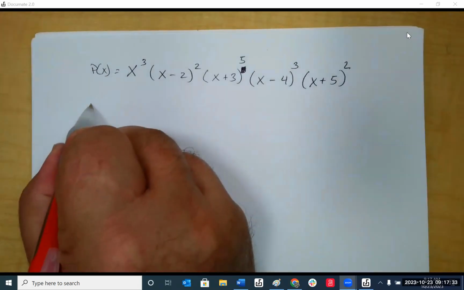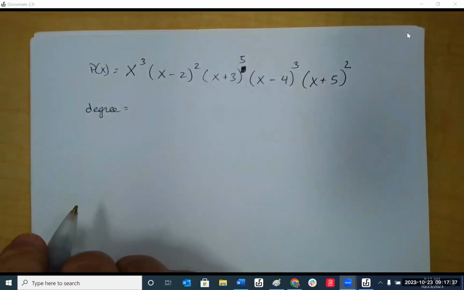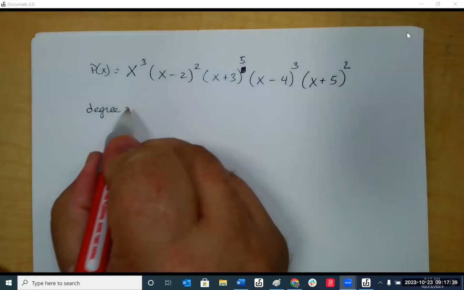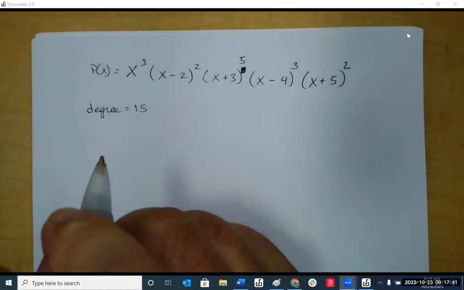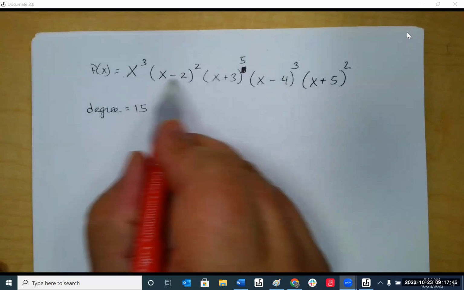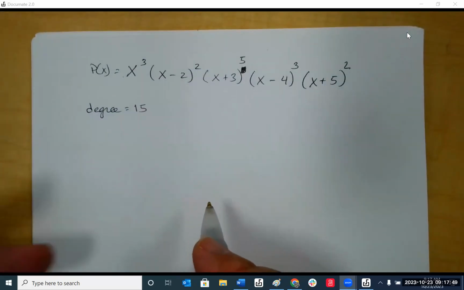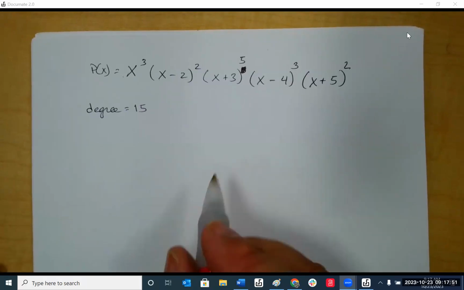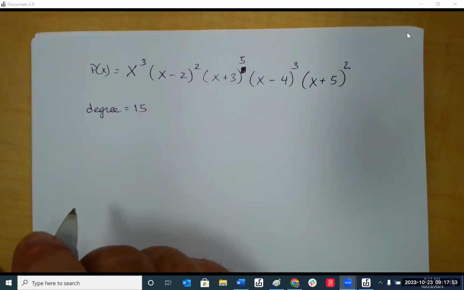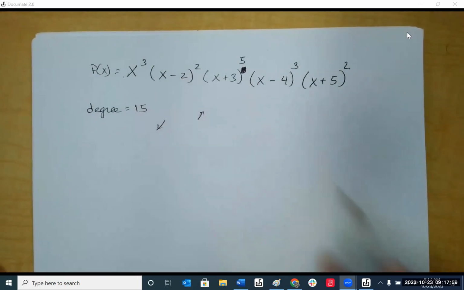So the first thing you have to do is figure out the degree. What's the degree of this equation? Since it's 15 and all of the x's are positive, that means the coefficient a is positive. So what does that tell us about the end behavior? Odd, it goes opposite directions.